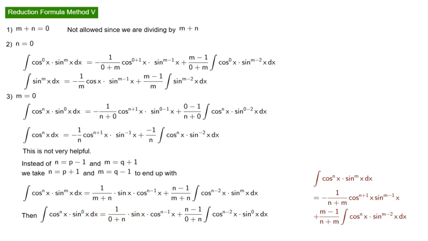Sin disappears here. So simplifying that, we get integral of cos nx dx is equal to 1 by n times sin x times cos to the power of n minus 1 x plus n minus 1 by n times the integral of cos to the power of n minus 2 x dx.